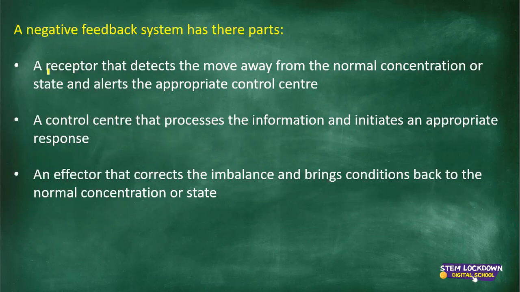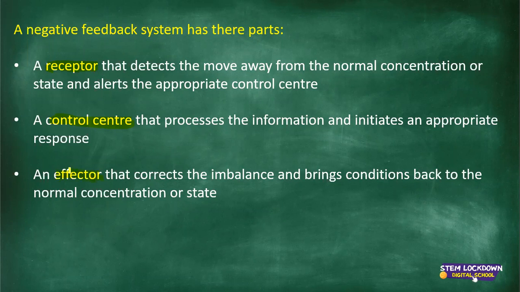We have the receptor, which detects the move away from the normal concentration or state and alerts the appropriate control center. Then you have the control center, which processes the information and initiates an appropriate response. Then you have the effector that corrects the imbalance and brings conditions back to the normal concentration or state.